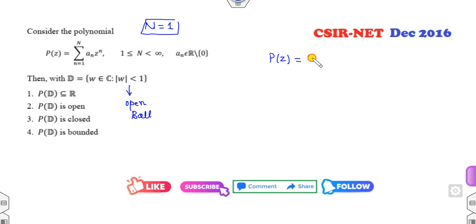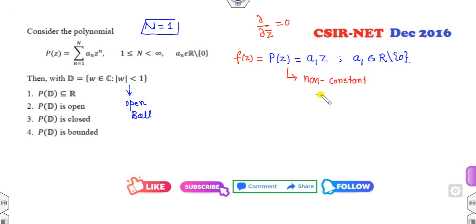N is my 1, so this is my A1 of Z, where A1 is my real number but apart from the 0. Then which are the following function? Now you can see this is my non-constant function. Fine. Also, if I call this is my f of Z, clearly say this part will be 0, so that means this is my entire also. Then your target is to be open or closed.